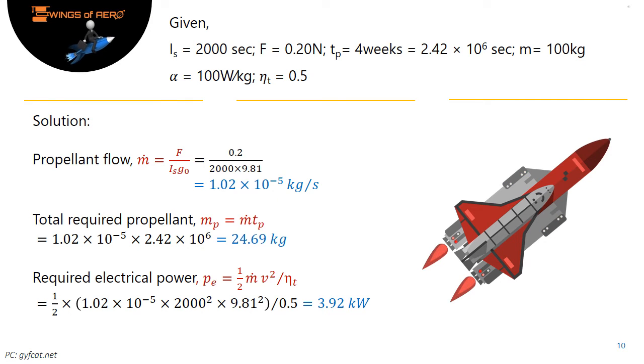From this we can write for the required electrical power, P suffix E is equal to 1 divided by 2 into m dot into V square divided by eta suffix T, where m dot is the propellant flow rate, V is the effective exhaust velocity which is given in the question as specific impulse, and eta suffix T is the thruster efficiency. Substitute those values and solve. Thus we have the required electrical power is 3.92 kilowatts.